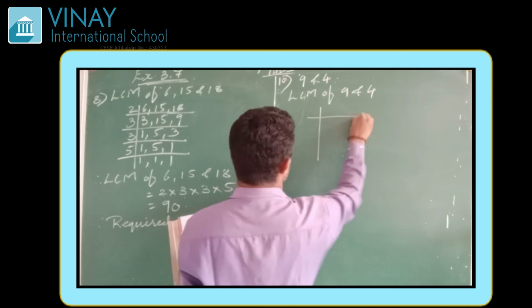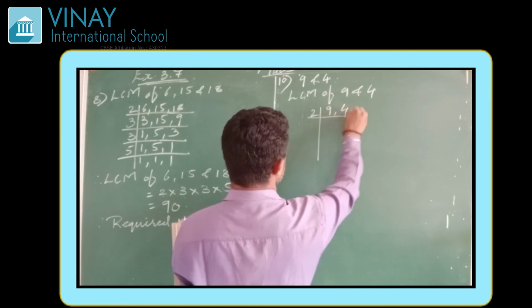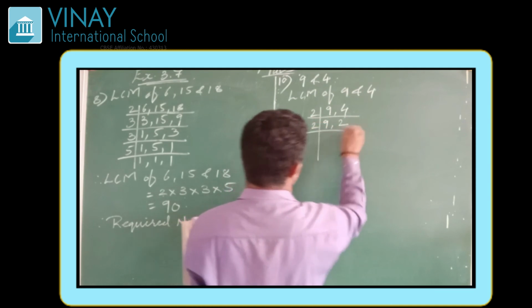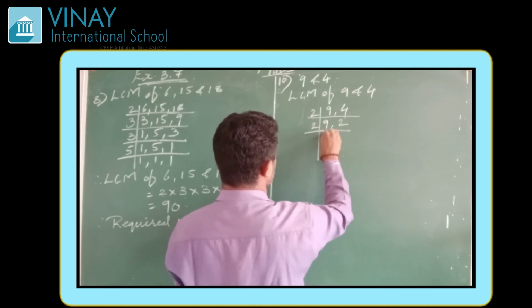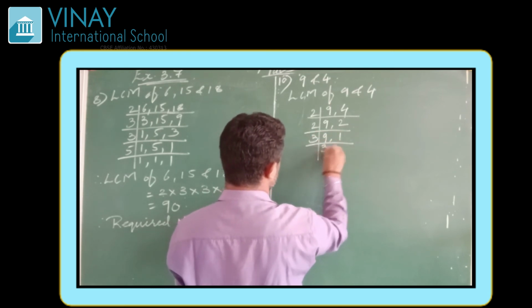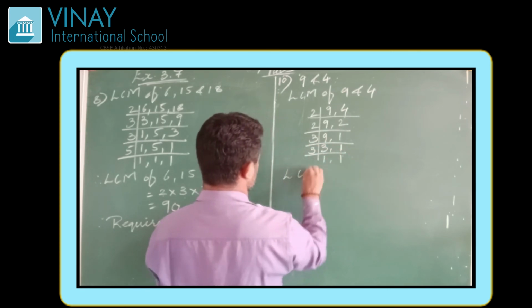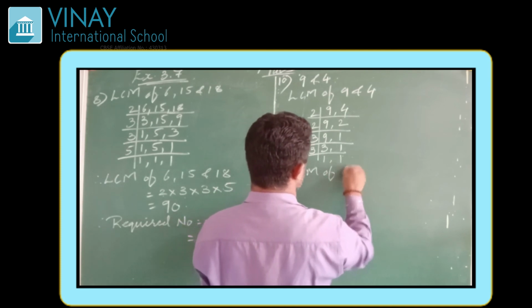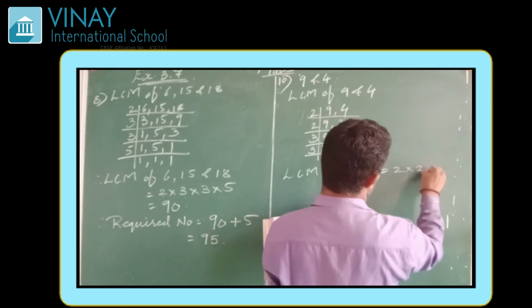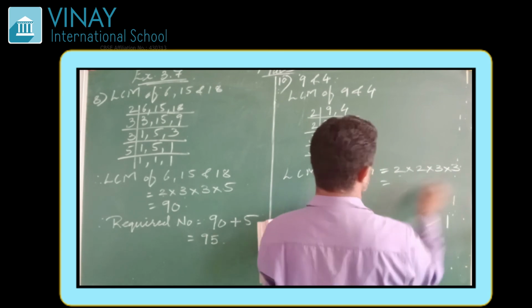LCM of 9 and 4 is equal to 2 into 2 into 3 into 3. 2 twos are 4, 4 threes are 12, 12 threes are 36.